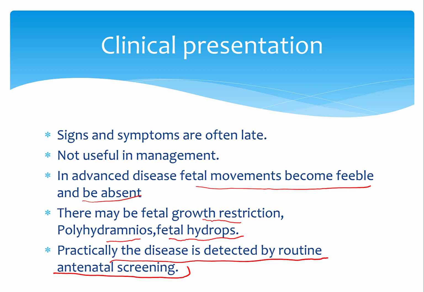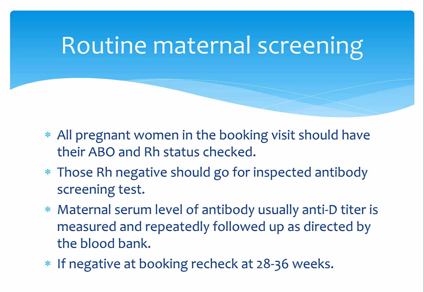If we can identify Rh negative mothers, we can start screening them for sensitization. If by 12 weeks we know the mother is Rh negative, we can get her antibodies detected by Rh antibody screening. Then the maternal serum antibody level, or anti-D titer, is measured if it is positive.